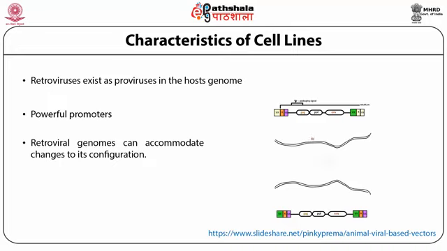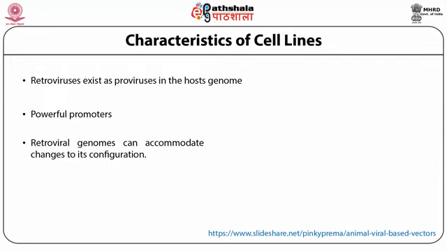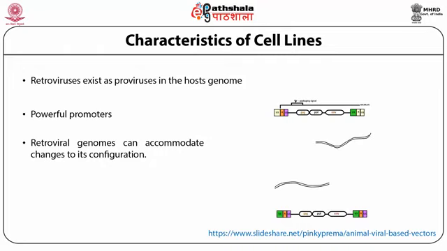As you see in the picture, there are different genes, of which we have the terminal repeats, and the major genes are GAG, POL, and ENV, which is for the envelope. So retroviruses are enveloped viruses, and they have packaging signals and poly A tails.